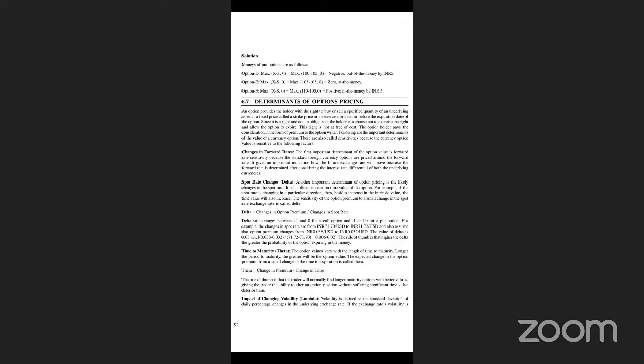The first one is changes in forward rates. Spot rate changes, that's delta, time to maturity, theta, and impact of changing volatility is lambda. Change in forward rate is the first factor which influences the value of the option.